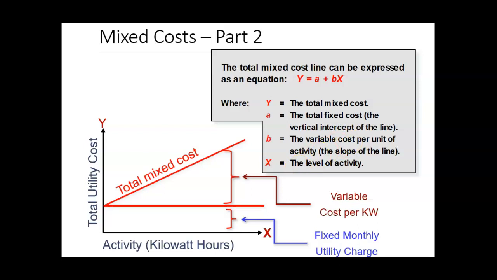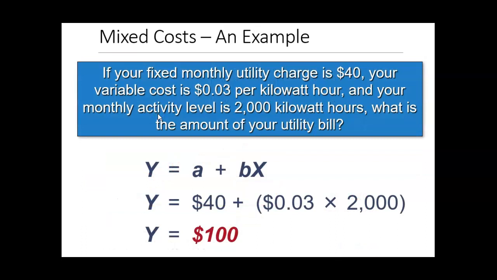So we're saying that if I look at the fixed cost component, and I look at my variable cost per level of activity and take it times the activity level, then I get my total mixed cost. You want an example? Got one for you. Let's say that your fixed monthly utility charge is $40. Your variable cost is 3 cents per kilowatt hour, and for the month, the activity level was 2,000 kilowatt hours.